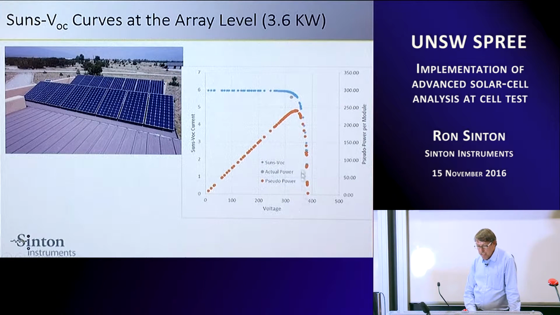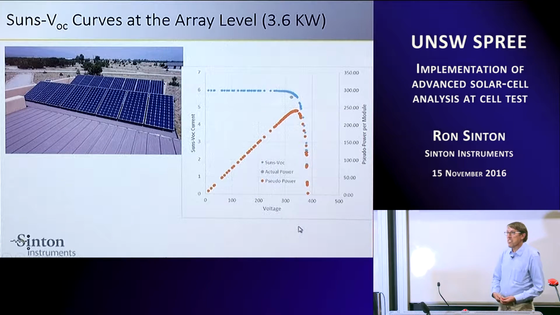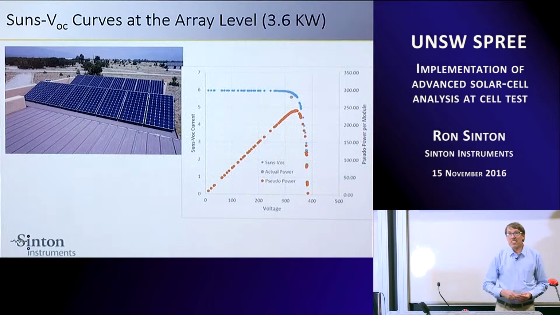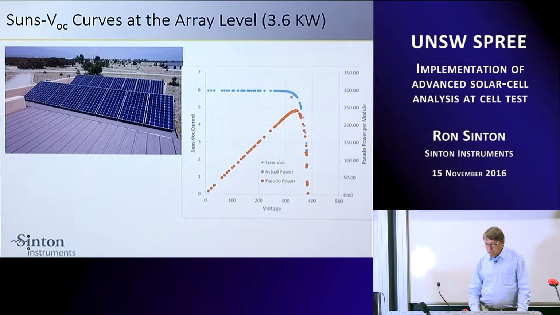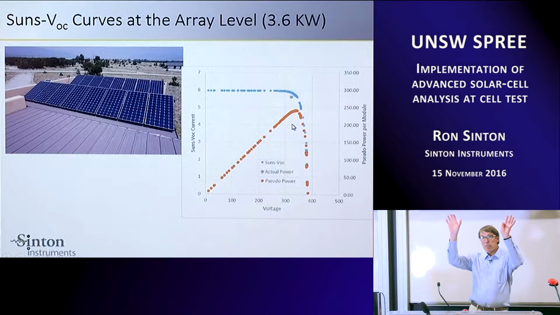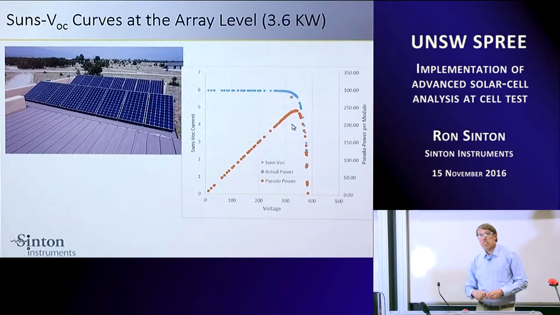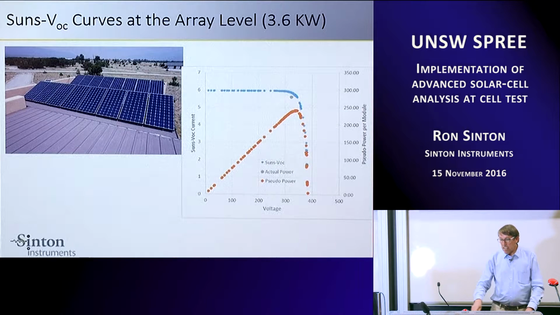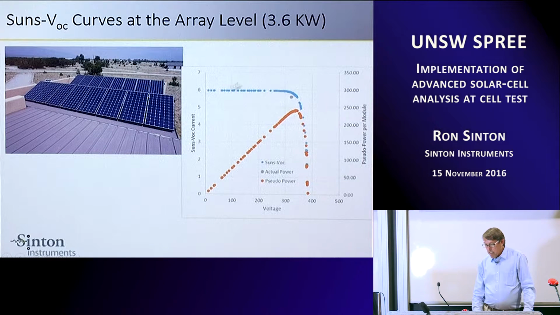And the way you do this is kind of interesting, and that's that you open circuit your array in the middle of the night, and then as the sun comes up, or before the sun comes up, you track the voltage as it increases from darkness until you have a blue sky. And at this point, the array is just looking at the blue sky, not the direct sunlight. And that puts you around the corner of the Suns-Voc curve.